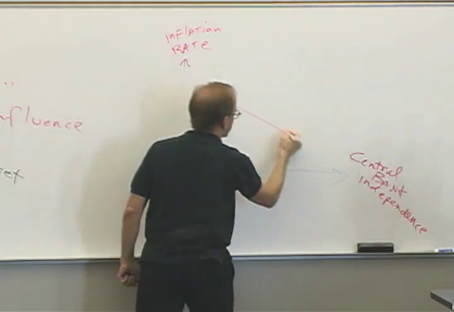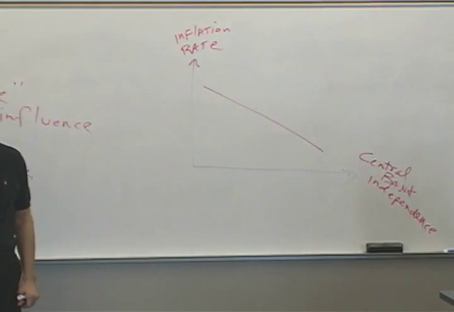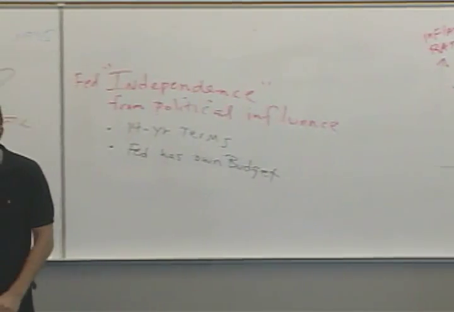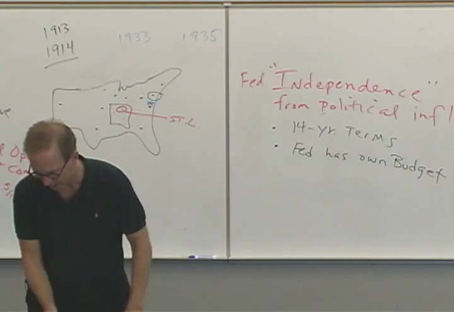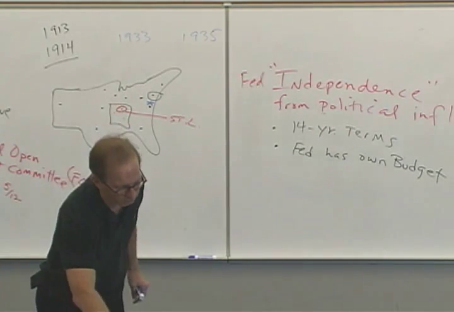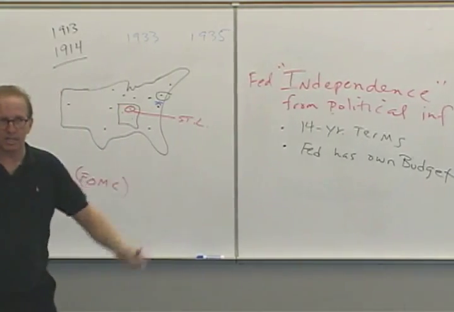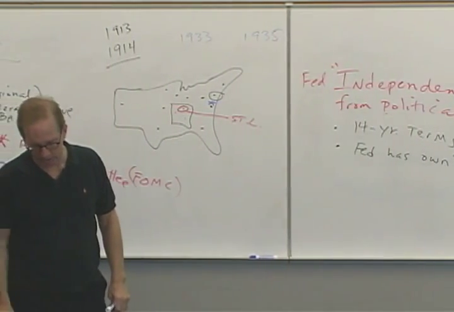And that relationship looks like this. That is to say, there's an inverse relationship. The more independence the central bank of a nation has, and this was done, like I say, over decades of data and many, many different countries.